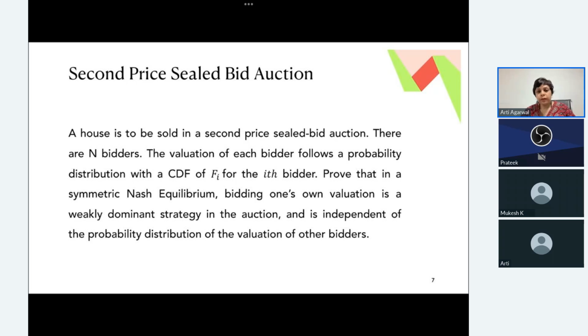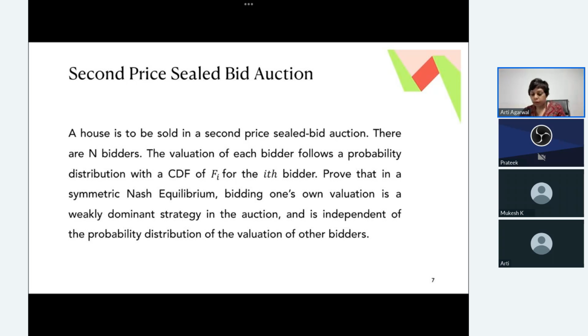We are given that a house is to be sold in a second price sealed bid auction and there are n bidders. The valuation of each bidder follows a probability distribution with the CDF of capital Fi for the ith bidder, which is the same thing as saying that it has some distribution. Now, we are not given the distribution.